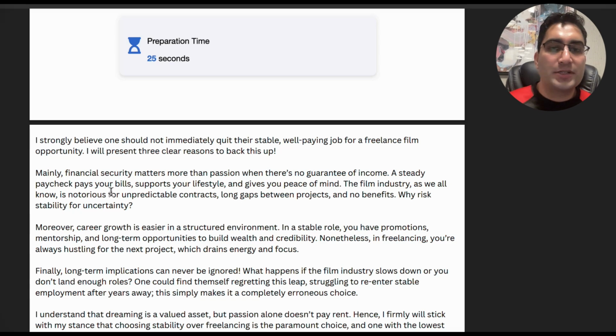Mainly, financial security matters more than passion when there's no guarantee of income. A steady paycheck pays your bills, supports your lifestyle, and gives you peace of mind. The film industry, as we all know, is notorious for unpredictable contracts, long gaps between projects, and no benefits. Why risk stability for uncertainty?